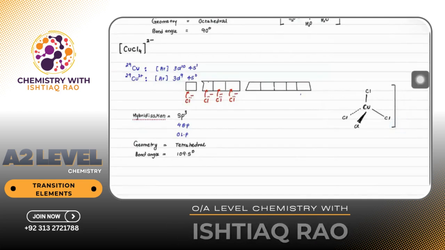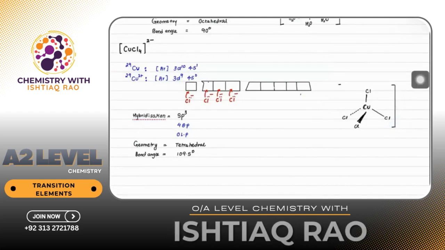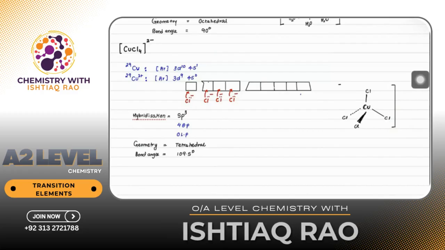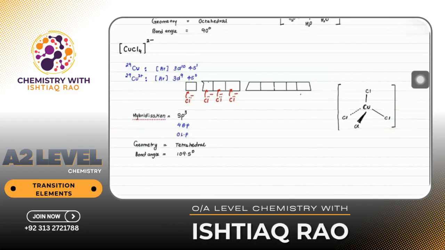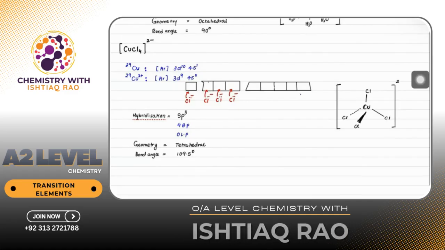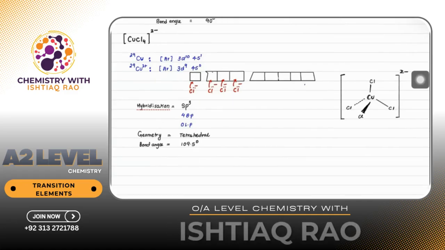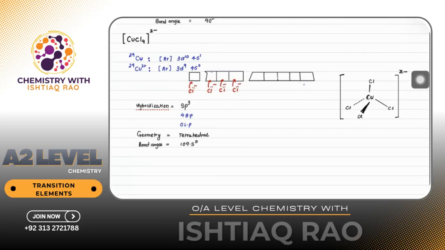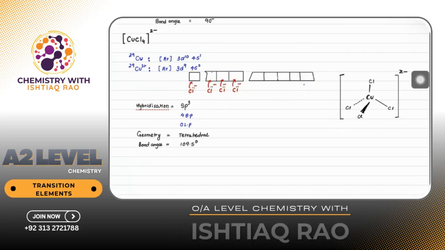So it's going to be 2 minus, right? 2 minus, 2 minus. Okay, that's the geometry of copper chloride 4 2 minus.